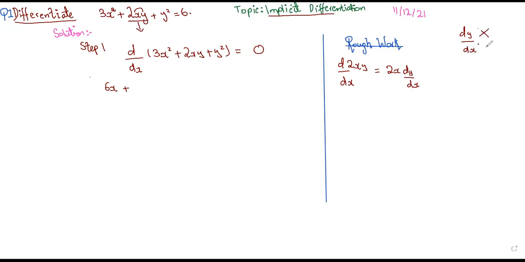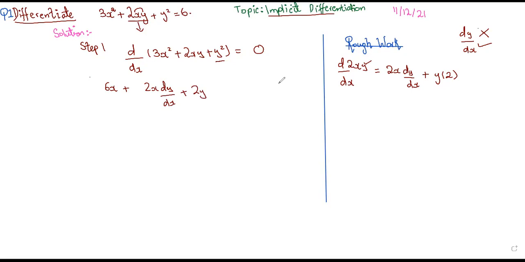This is good enough to go like this. You cannot break it down further. This itself is in the simplified form. So this would be dy by dx plus the second function as it is, and the derivative of the first one would be 2. So I can write it down here: 2x dy by dx plus 2y.